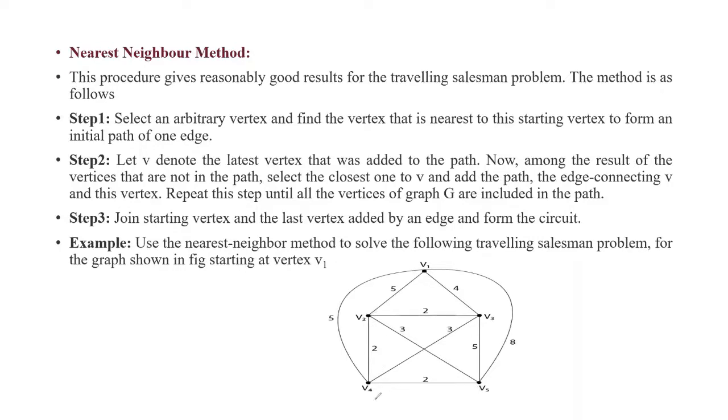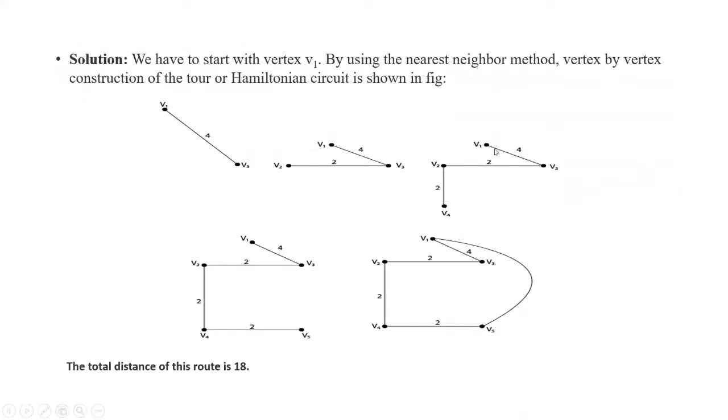From V2 to V4 is 2, and V2 to V5 is 3. The minimum is 2, so the path is V1, V3, V2, and V4. Next, V4 to V5 is 2. So the path is V1 to V3, V3 to V2, V2 to V4, and finally V4 to V5. This is the path from V1 to V5.